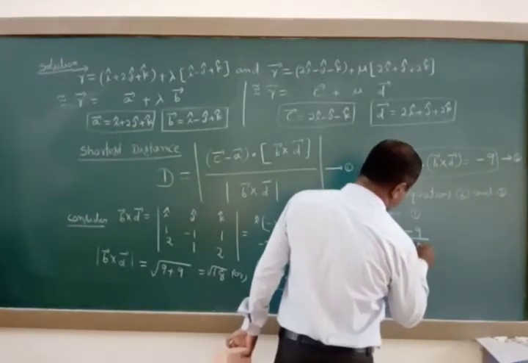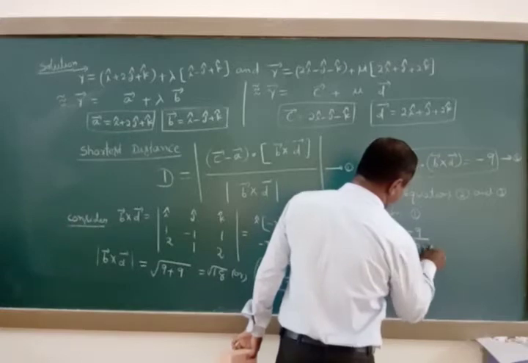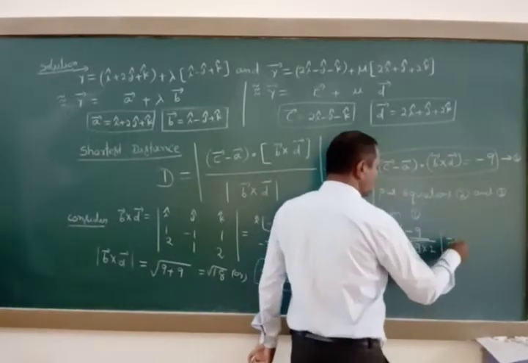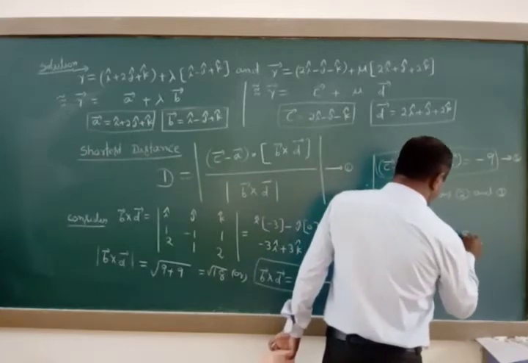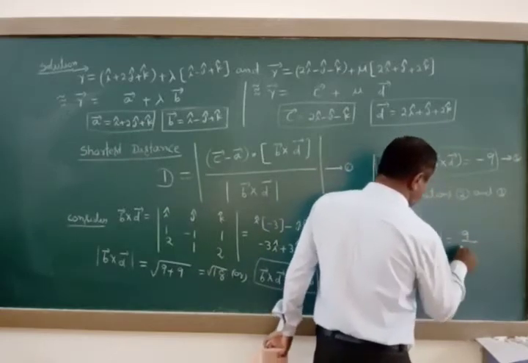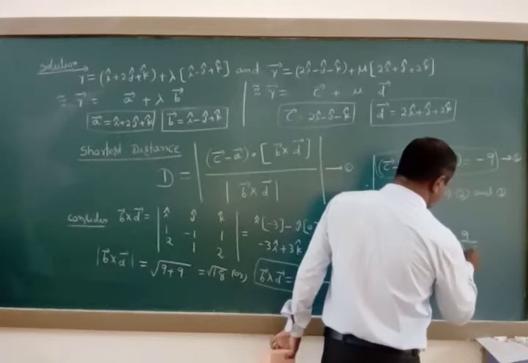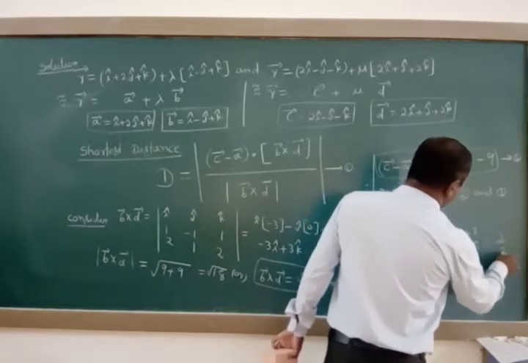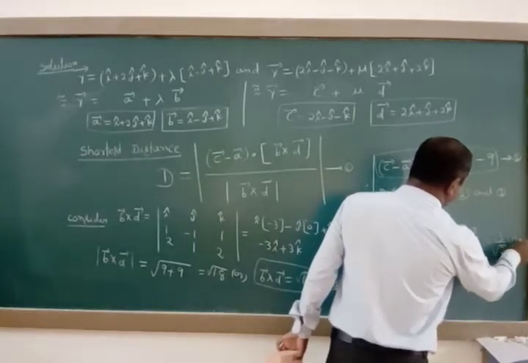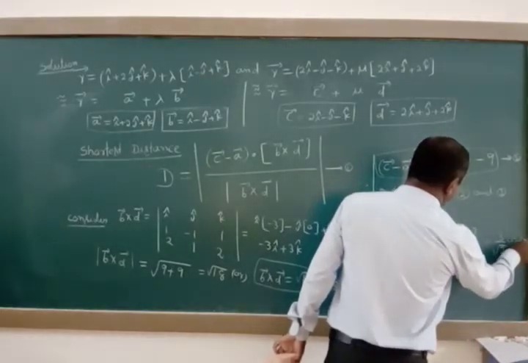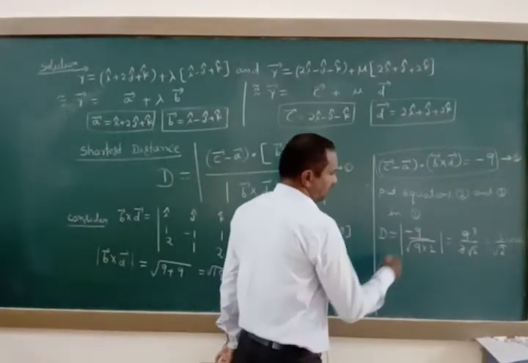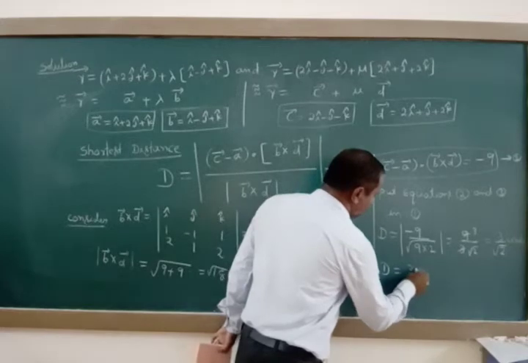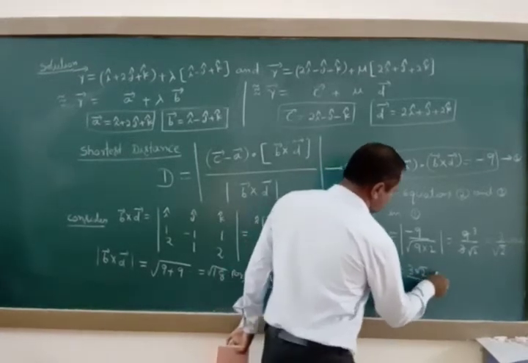Root 18 can be written as 9 into 2, putting modulus, it is equal to 9 by square root 9 is 3, root 2 here, 3 by root 2 units. Otherwise, multiplying and dividing with root 2, you get d is equal to 3 root 2 by 2 units.